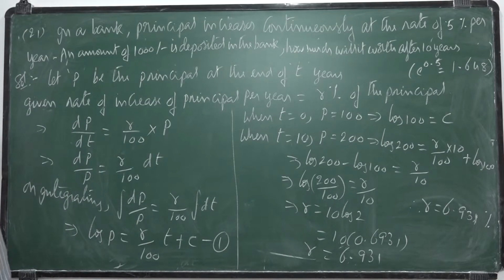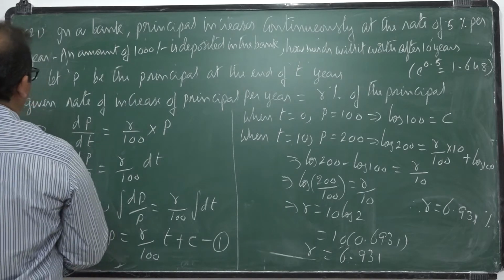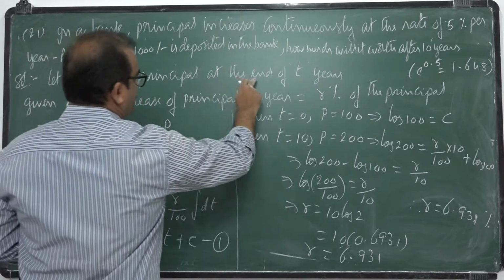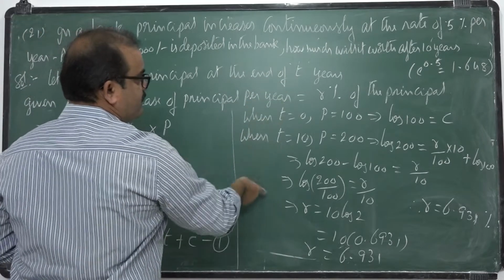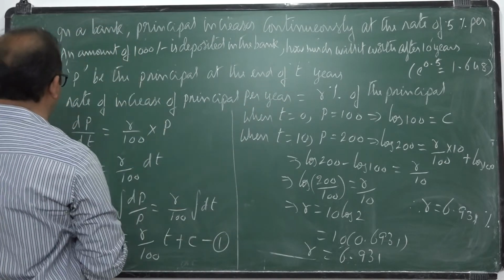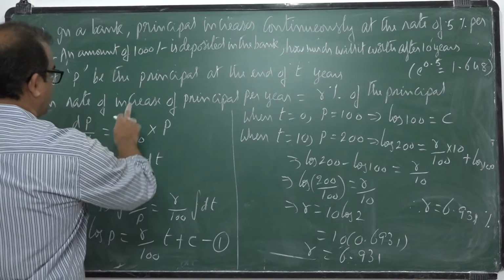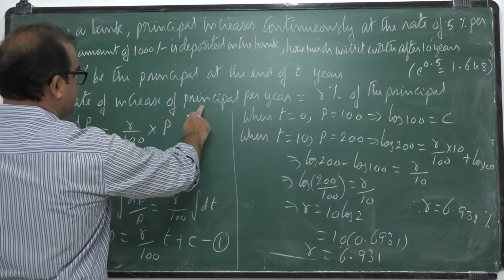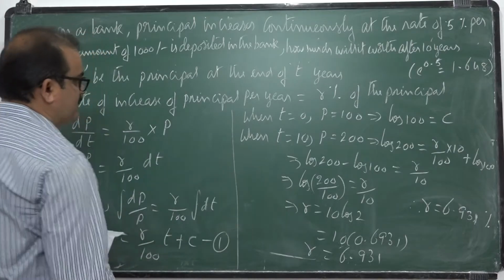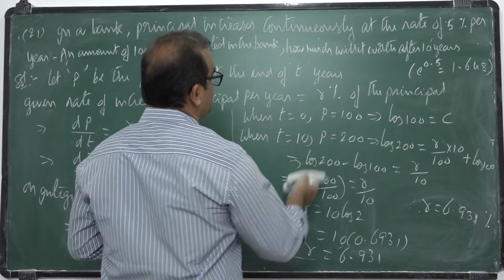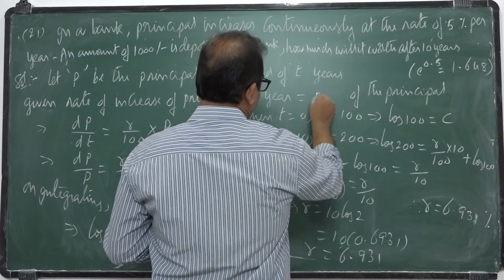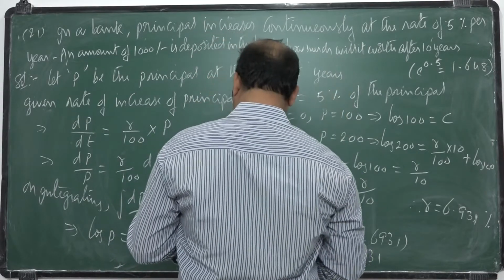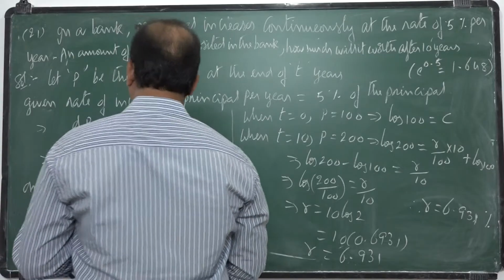Here also we follow the same steps. Let P be the principal amount at the end of T years. T be the number of years, P be the principal amount. Given a rate of increase of principal per year is equal to 5%.